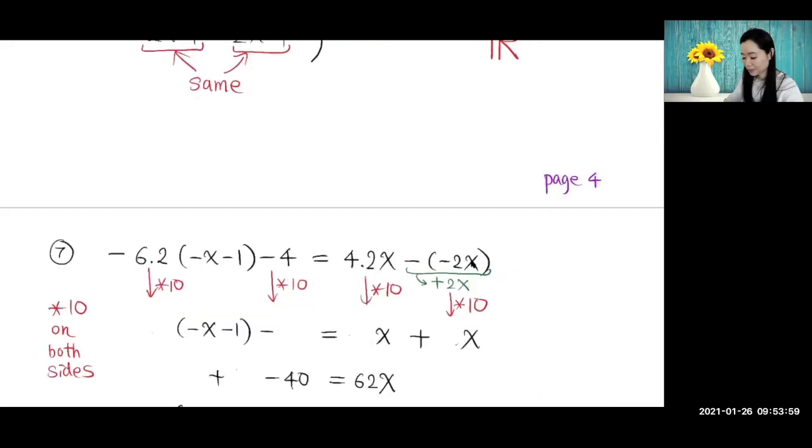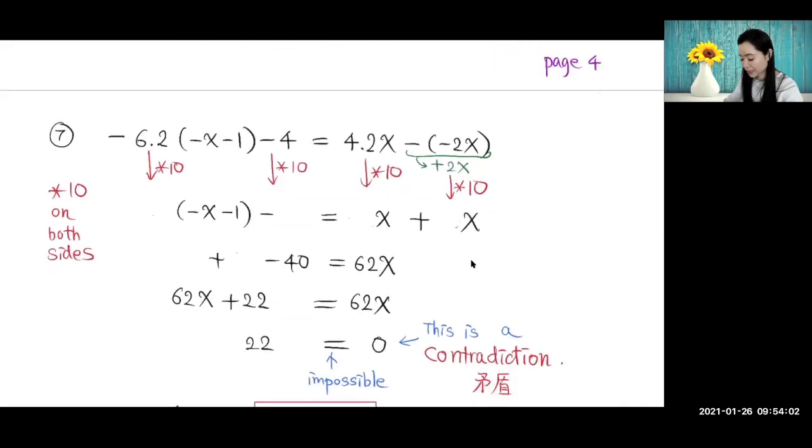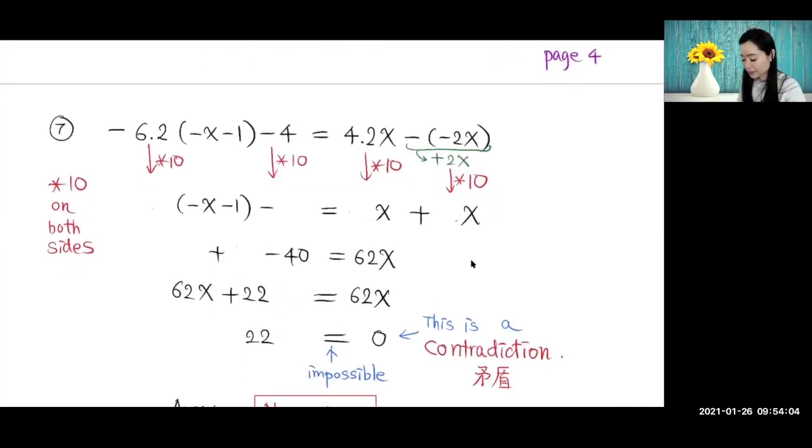Okay, the next one over here. For this one, we first distribute here. Let's choose to convert the decimal into integers. So we will multiply. Now here you see there is only one digit after the decimal point, right? For this one and this one and this one.